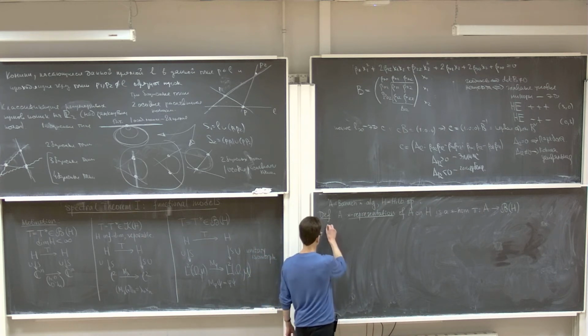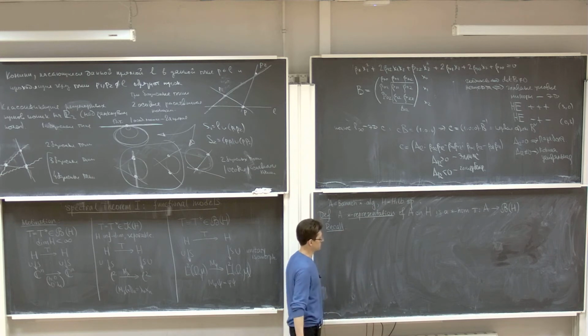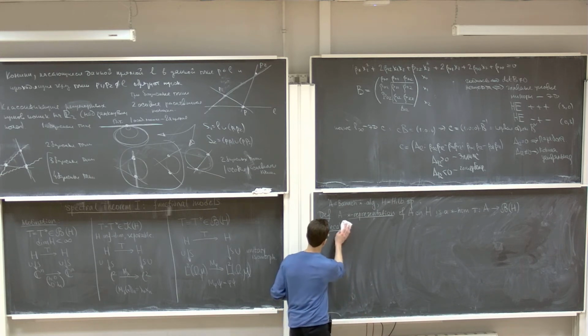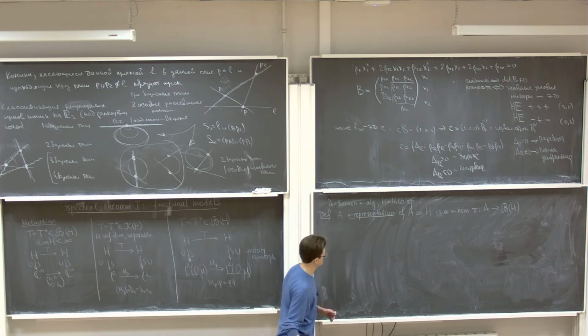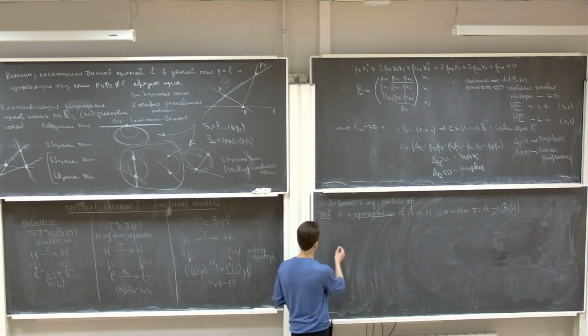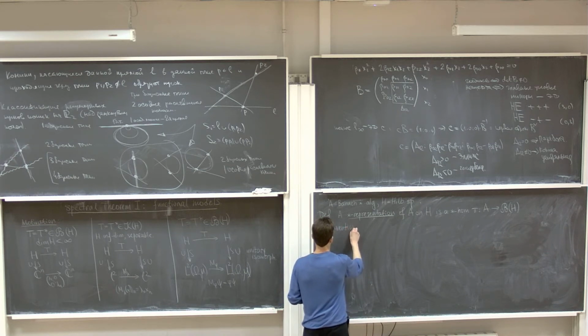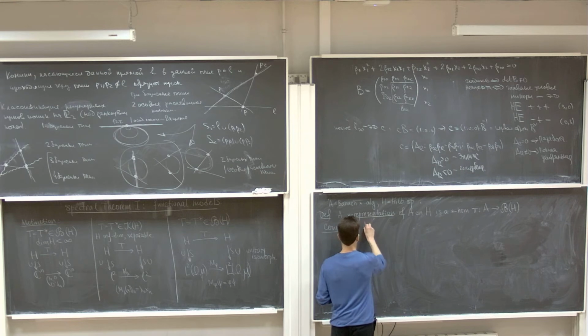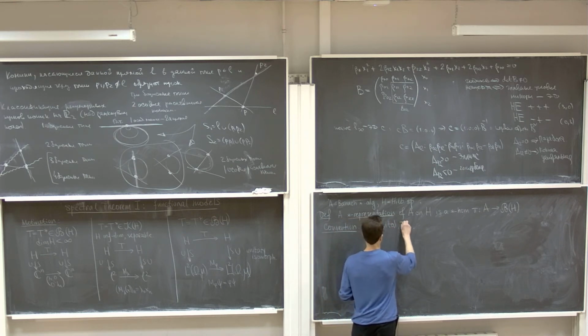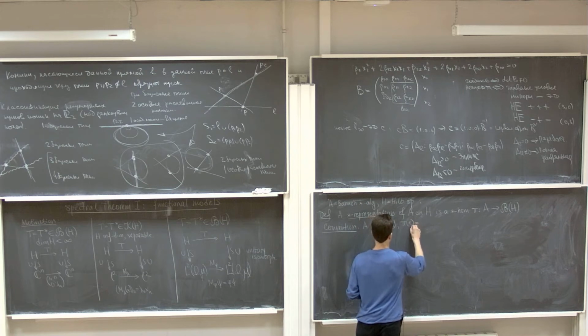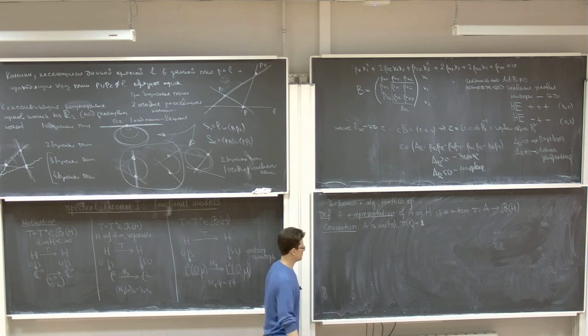By the way, since B of H is a C-star algebra, it follows automatically that, before we recall it, let's adopt the convention that everything is unital. So we always assume that A is unital, and pi takes the identity of A to the identity operator.